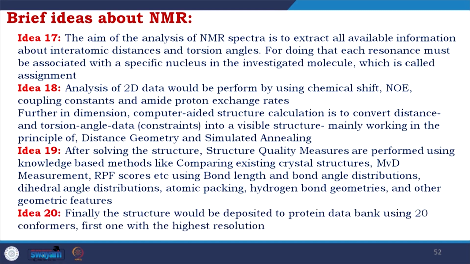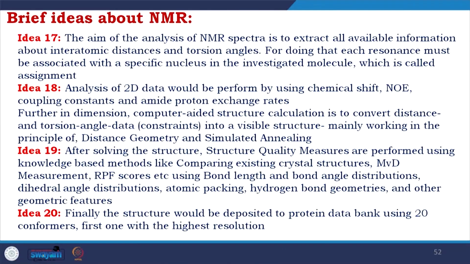Idea 20, the last idea: now you started from scratch, you come to structure development, you have already refined your structure, you check the structure, and finally the structure would be deposited to the Protein Data Bank using 20 conformers, the first one with the highest resolution. So this is our journey through NMR.